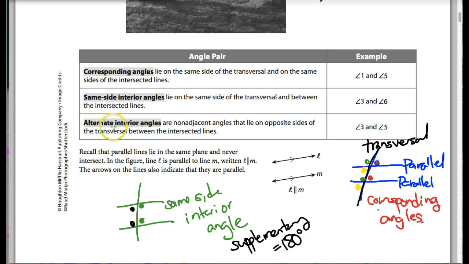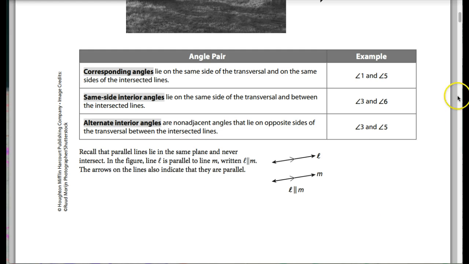Alternate interior angles. I'm going to erase all of this. Alternate interior angles, again, two parallel lines, one transversal. So that would be an angle like this. They're on the inside of the parallel lines, but they're on the alternate sides of the transversal.